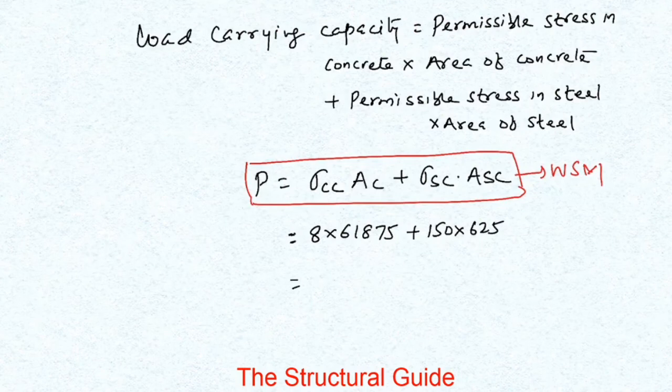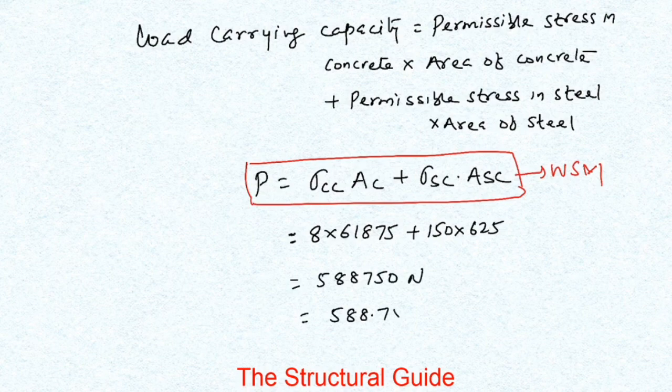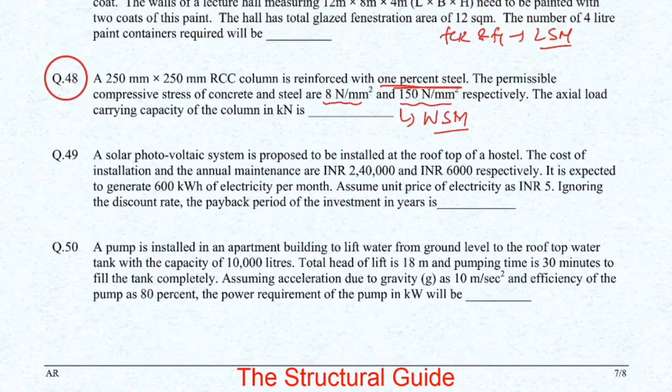So it is coming 588750 Newton, or you can say it is equal to 588.75 kilo Newton. So the answer is in kilo Newton, 588.75. So this is what we have to understand from the GATE 2016 question paper.